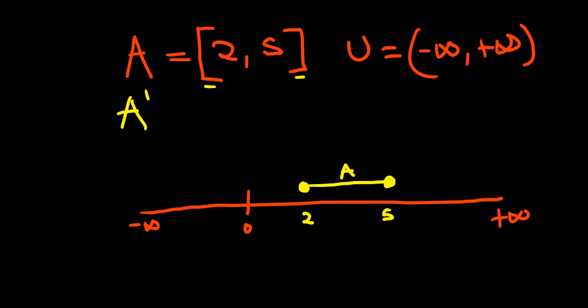So I'm going to go to this end point 2 there, and then you ask yourself, is this 2 included in this set A? If your answer is yes, then you just go above this A and draw an open circle, and then go to the opposite side like that. So all these members starting from 2, but this 2 is not included in this set, will be a part of the A complement like that.